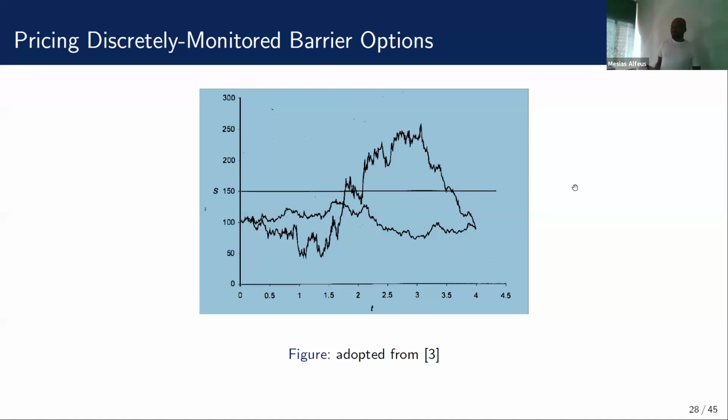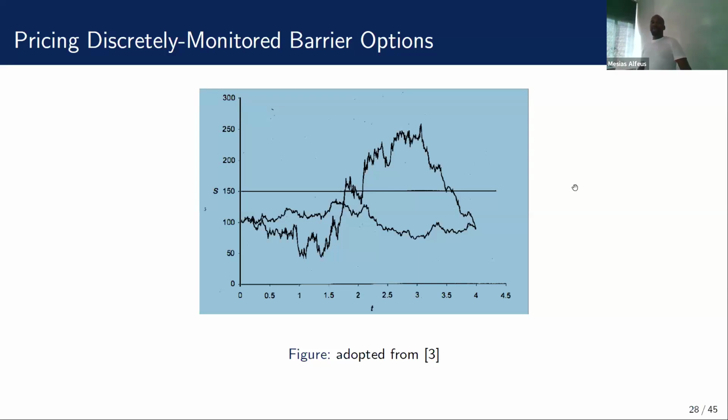So we have four types of barrier options. First, we know there's continuously monitored, and then there's discretely monitored ones. What we want to know is whether you have touched the barrier or not before maturity. If you touch the barrier, there's knock-out, and then there's knock-in.